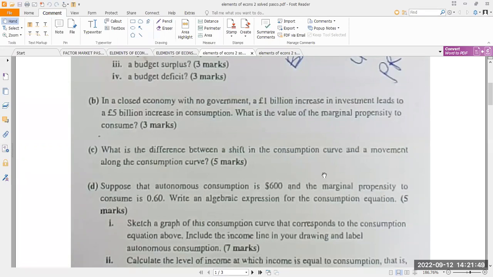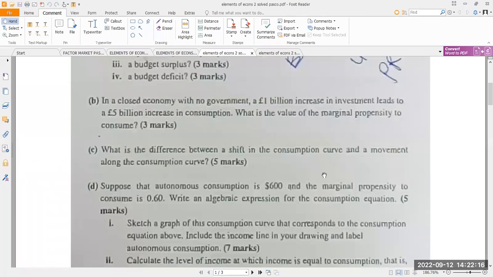So if there's an increase in income, then we move upwards. And if there's a reduction in income, we move downwards because there's a positive relationship between consumption and income. But then we'll have a shift in the consumption curve when, holding income constant, there are changes in the other factors that affect consumption.